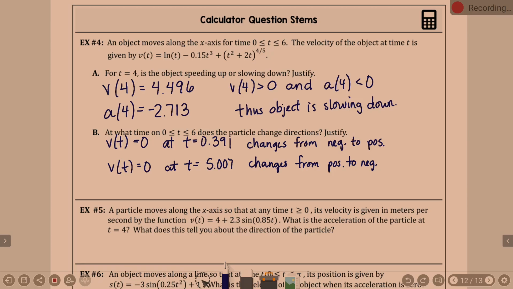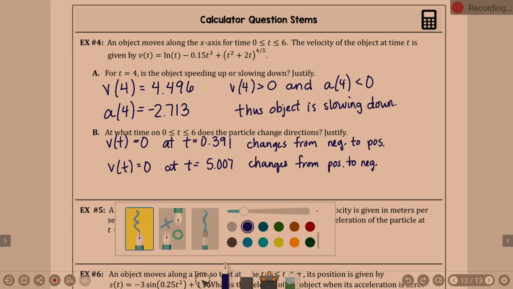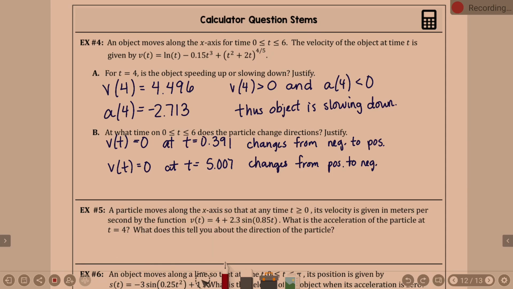Okay. Example 5. Are we ready? A particle moves along the x-axis, so at any time t greater than 0, its velocity is given in meters per second by the function v of t as provided. What is the acceleration of the particle at t equals 4, and what does this tell you about the direction of the particle?